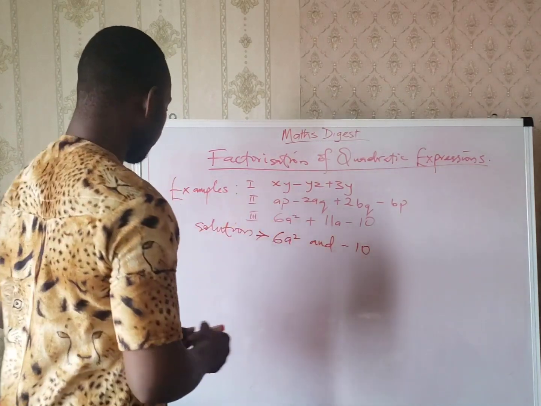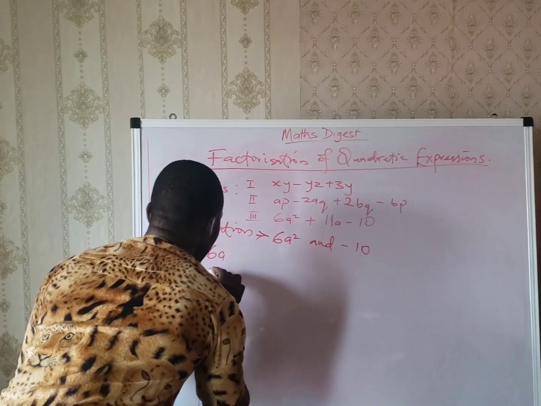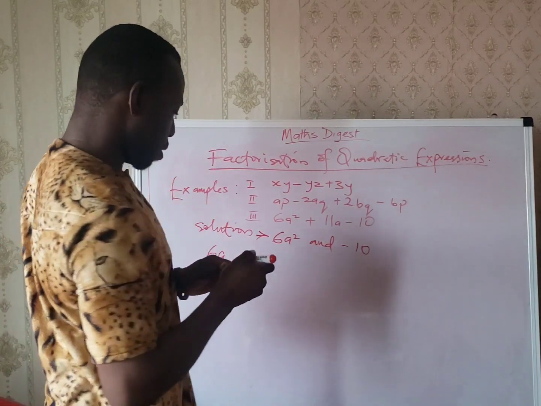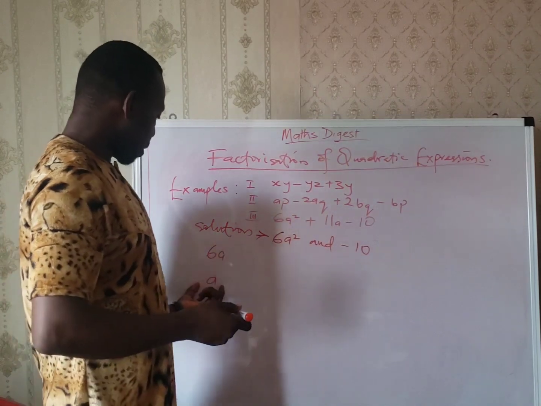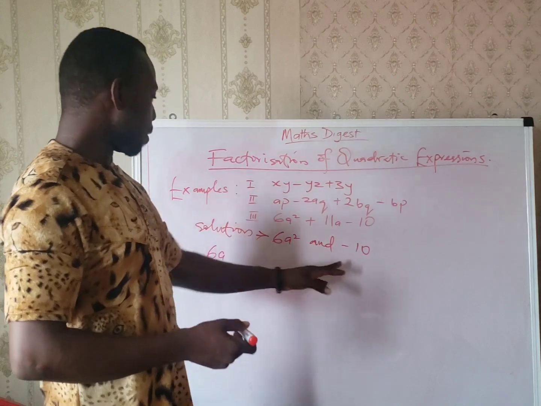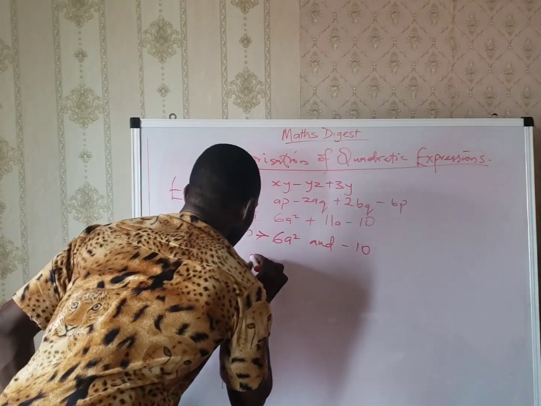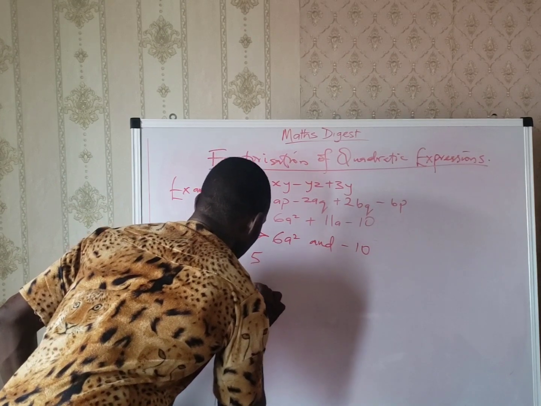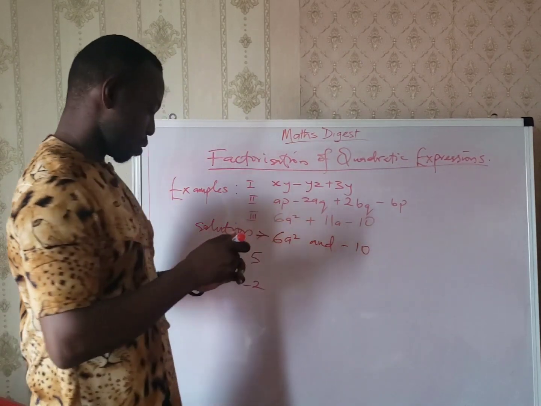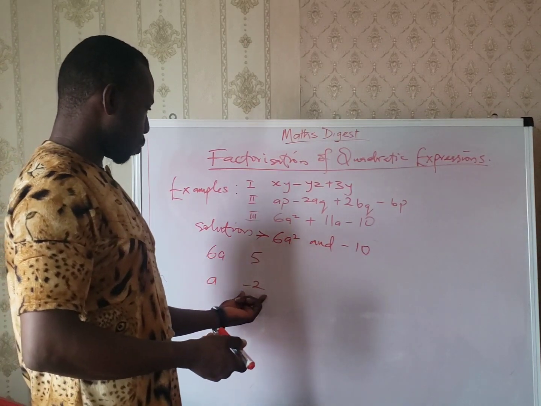Okay, now we say 6a and a, if you multiply it together, it will give you this. Now let's look at this side. This is 5 and minus 2.